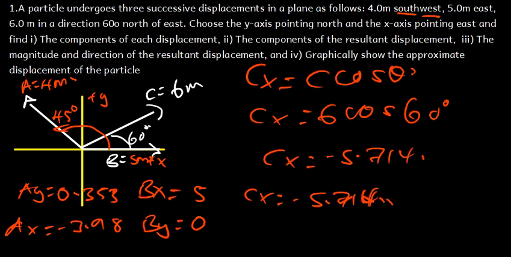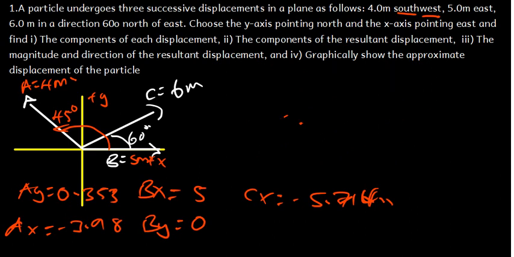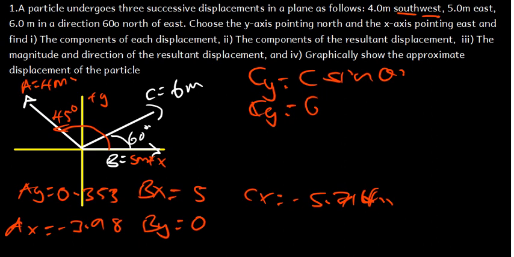Now let's find the y component of vector C. Cy is going to be C sine theta. So C is 6 sine 60.